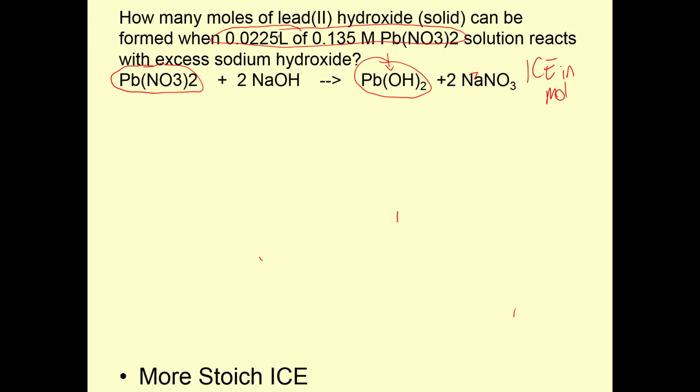Now, if you remember, molarity was moles over liters, and we use moles so often. Moles equals M times liters.